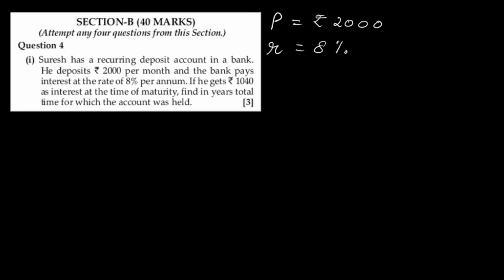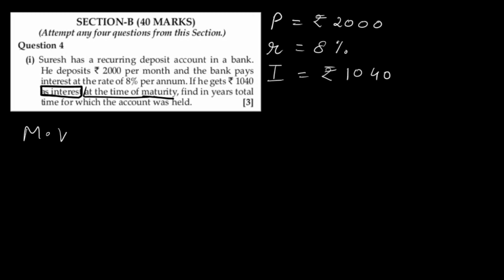If he gets 1040 as interest at the time of maturity. Here interest is mentioned, so there should not be any confusion that this is interest. So interest is equal to 1040. Some students write it as maturity value because they say this is what they get at the time of maturity.